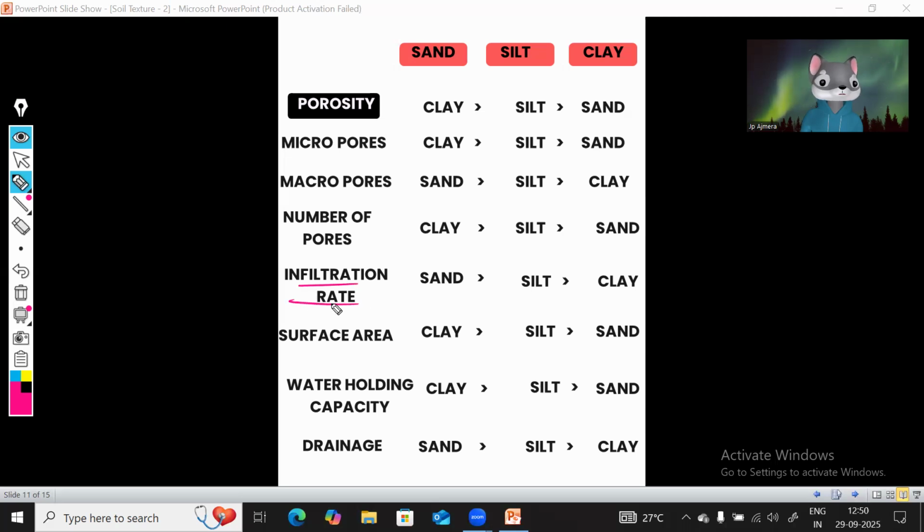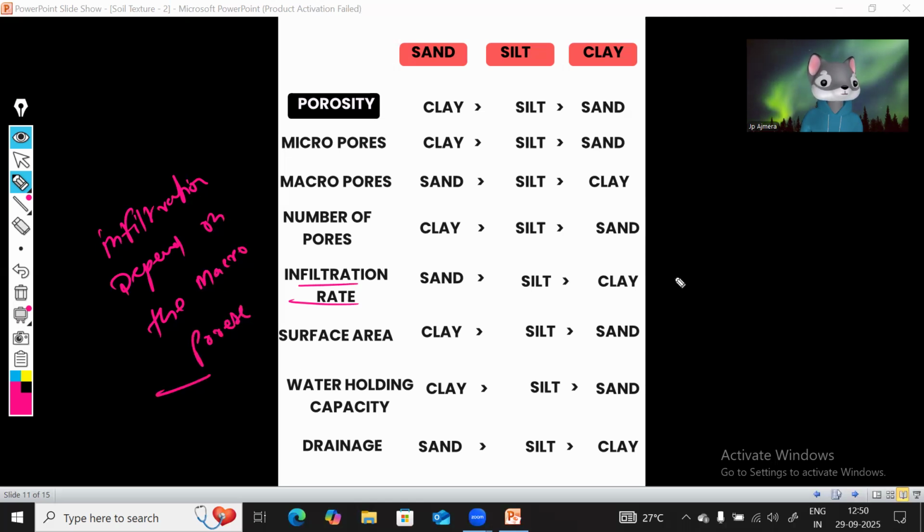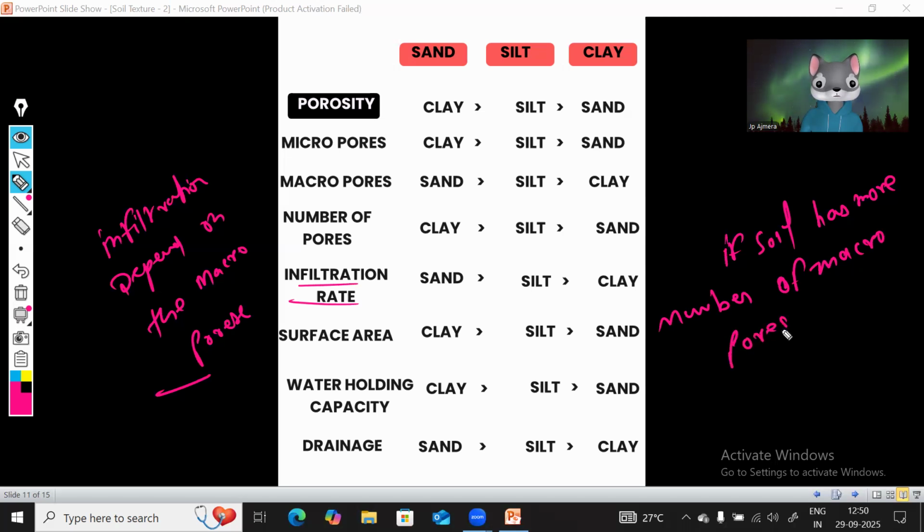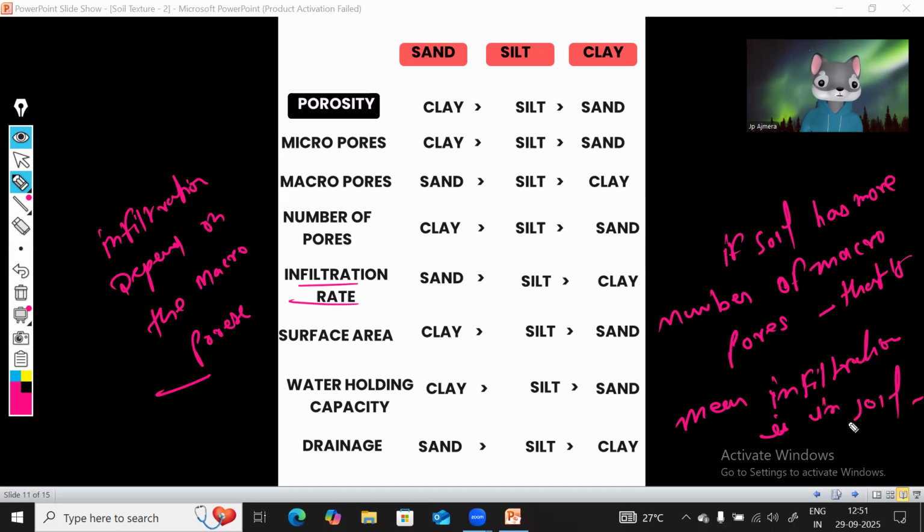Filtration is different. Clay soil is one of the soils with micropores.